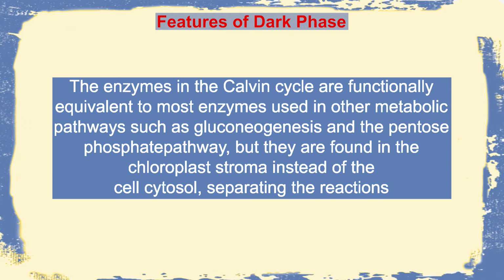All these enzymes are present in the stroma and they carry out the process of photosynthesis smoothly. But as I told you, the photosynthesis dark phase cannot continue for an eternal period in darkness because it is dependent on the light phase dependent energy rich compounds, and if they are not there, then definitely this process will be at a standstill. So overall, the dark phase of photosynthesis includes 3 or 4 major phases.